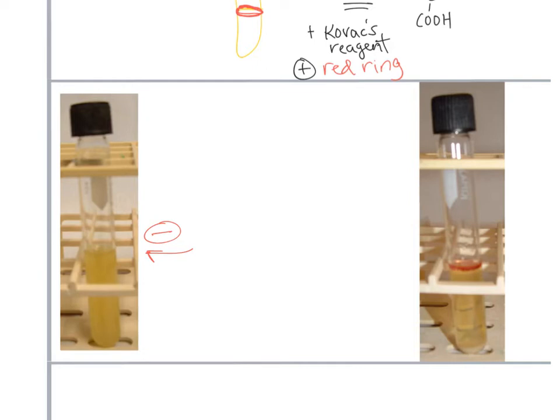The positive result needs to be red. It's really pretty obvious when you see it, but if it's a little brownish, brown is not red. So make sure we see a nice red ring there, and we'll look at that pretty carefully. But usually this works great. 3 of our organisms are indole positive, and the other 7 are indole negative.